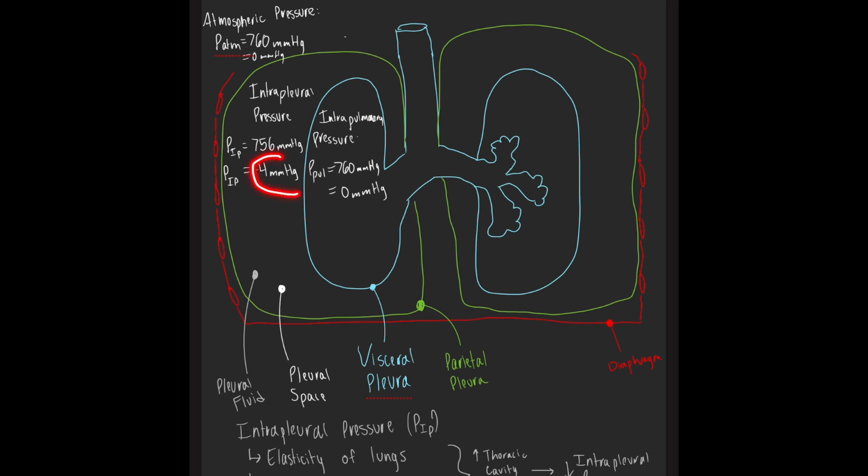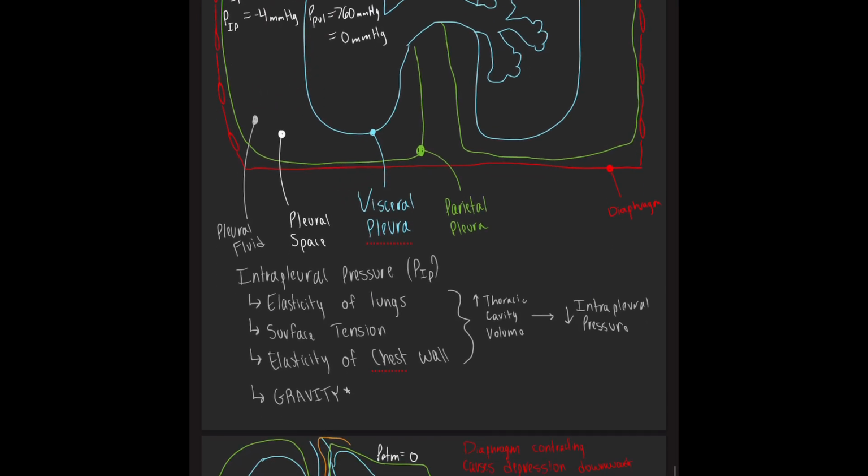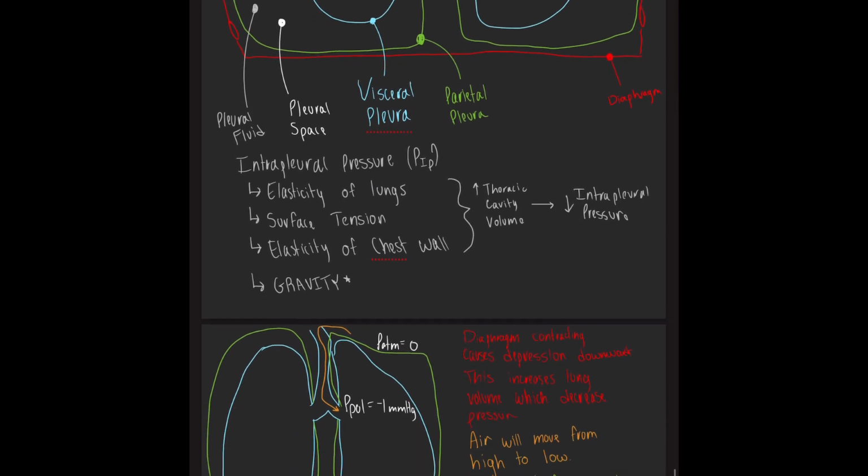That means we are at a deficit of pressure here. We have to understand that pressure moves from high to low, like the concentration gradients that we've learned. So we're going to see that our alveoli and our lungs are going to expand and fill this space, allowing us to breathe.